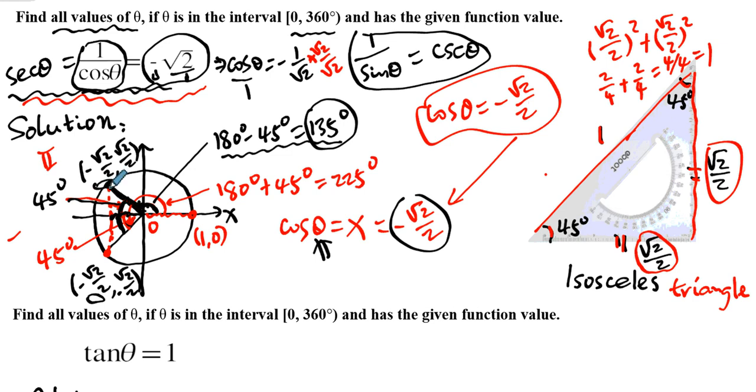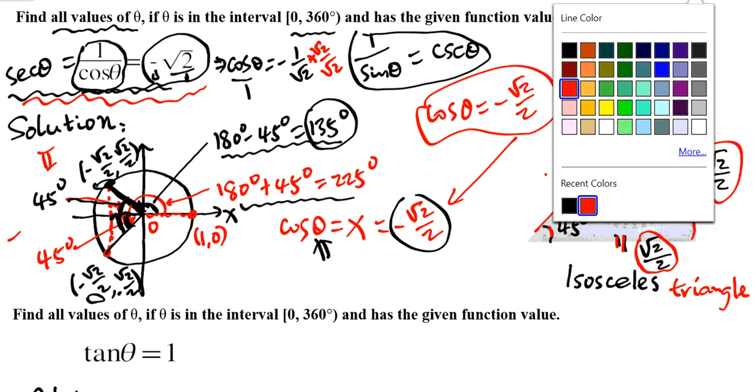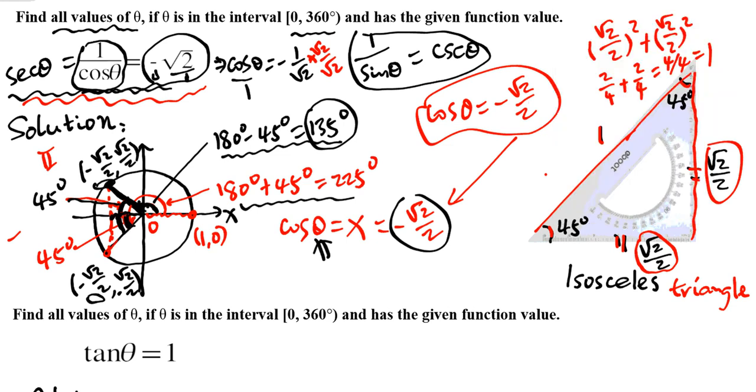Another one is a straight angle plus this red one, now marked in black. So it's 180 plus 45 degrees. Then the terminal side will be this side. That will be the second angle.